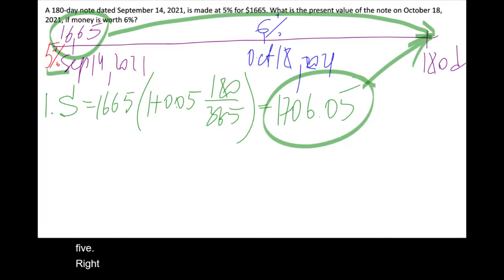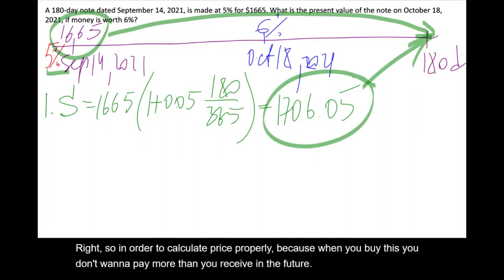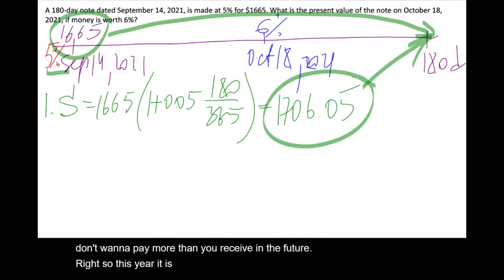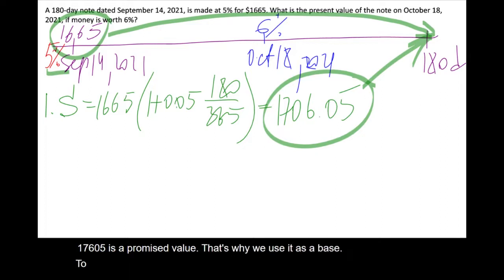So in order to calculate the price properly, because when you buy this, you don't want to pay more than you receive in the future, right? So 1706.05 is the promised value. That's why we use it as a base to calculate any value in between the issue date and maturity date. Understand?